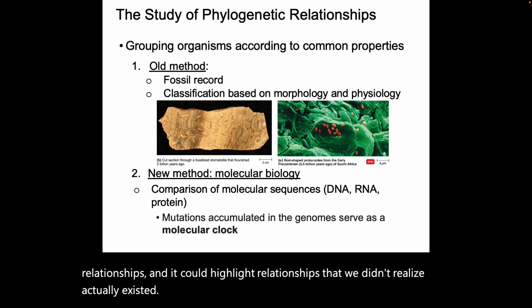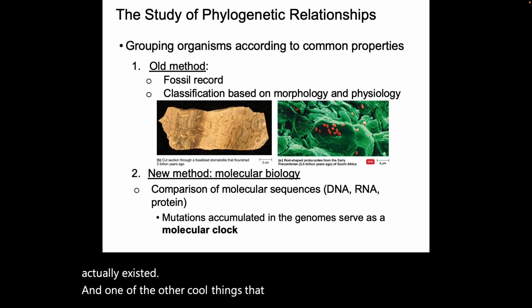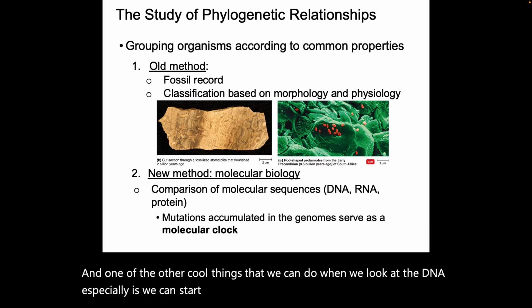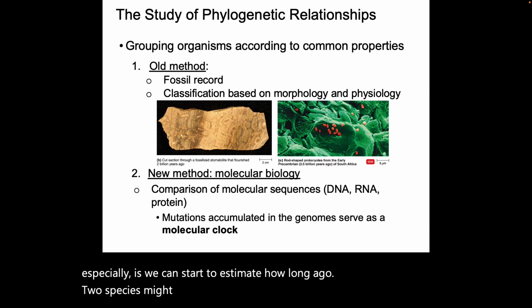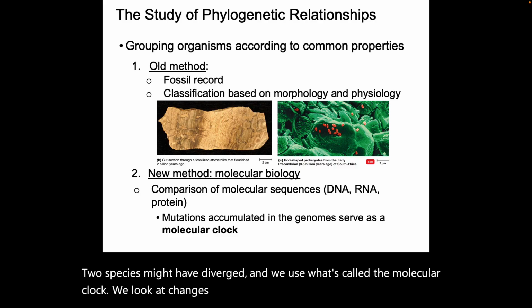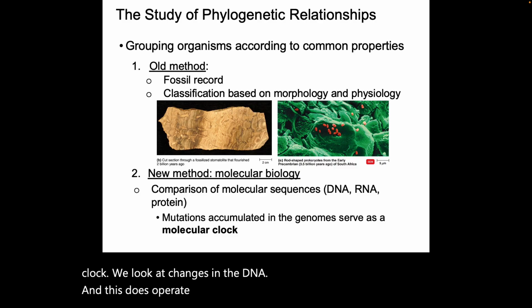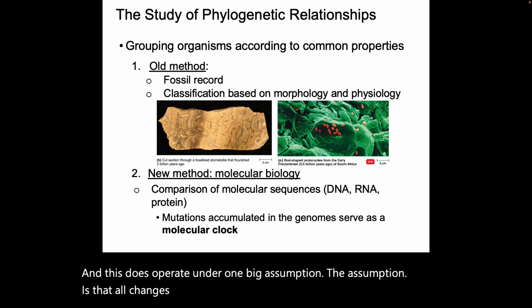And one of the other cool things that we can do when we look at the DNA especially is we can start to estimate how long ago two species might have diverged. And we use what's called the molecular clock. We look at changes in the DNA, and this does operate under one big assumption. The assumption is that all changes in DNA occur at a relatively consistent pace, which we know is not necessarily true.